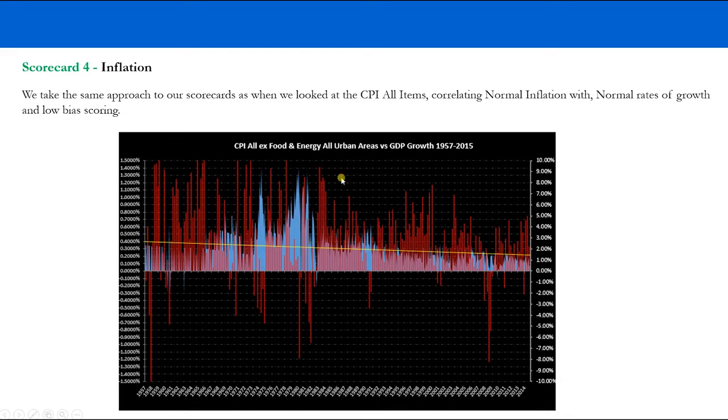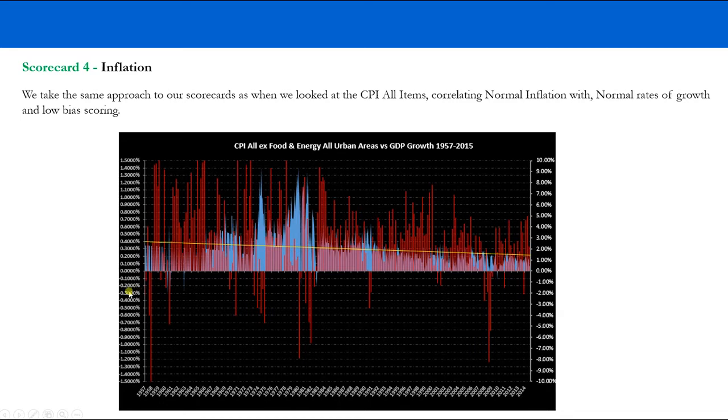And in extreme situations, we have in the red real GDP growth. In extreme situations, we have high levels of CPI ex food and energy, around the 1% mark, which is equating to 6.5% real GDP growth. And in the negative extremes, the negative extremes are actually tighter and there's much less of them.